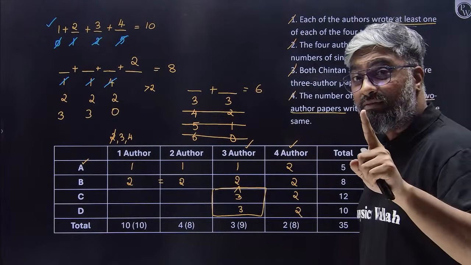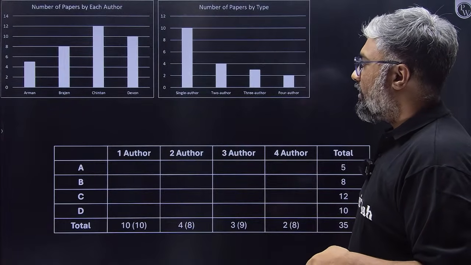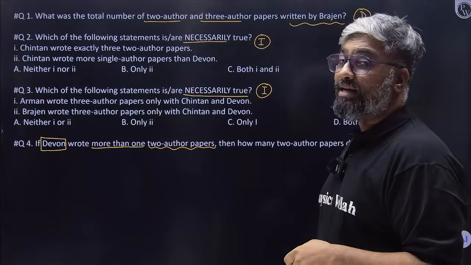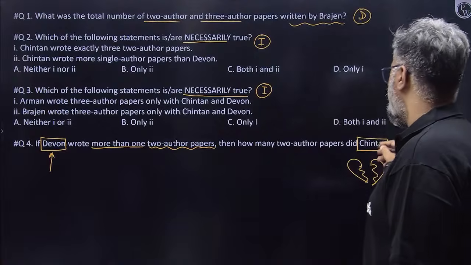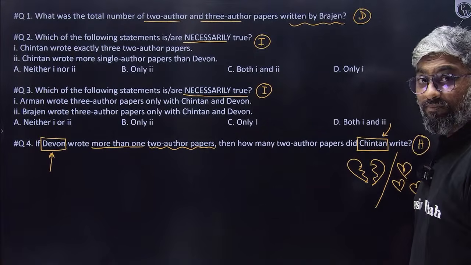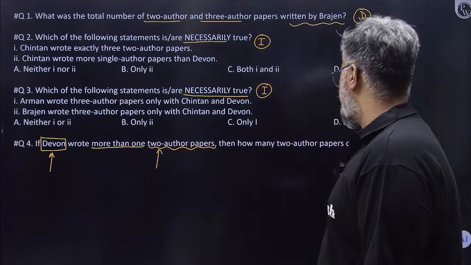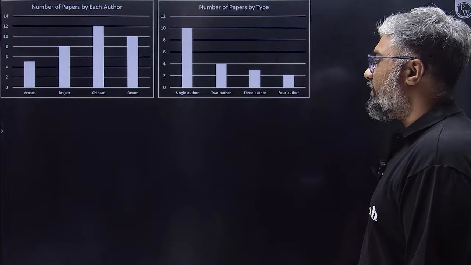Now, this is where, when we analyze the questions, if we go back, when we did the analysis of the questions, what did we say? Who were in danger? Devon and Chintan were in danger. And which papers for them? 2 author papers. Yes, 2 author papers for C and D were in danger.